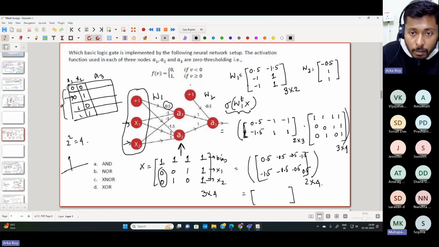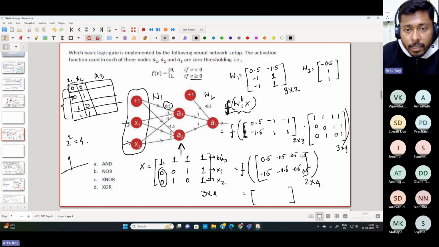They have given the function f, so they have given the condition. The condition is if the output value is greater than or equal to 0, the output will be equal to 1. So over here you can see the value is 0.5, so that means the output will be 1. So we get 1 0 0 0, and the final one is 0 0 0 1.